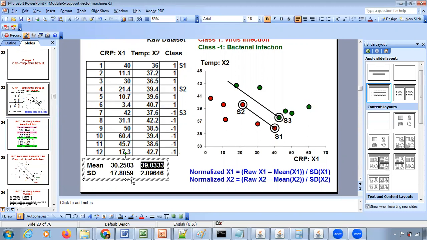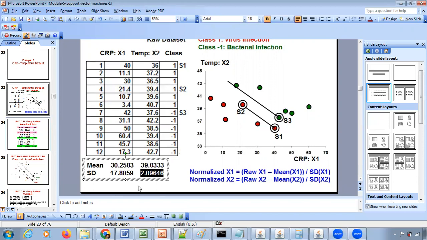There itself you can see a difference between the units, as well as the standard deviation, which is much different between the two. The CRP has a lot of variation in the records in the data set, whereas temperature has relatively very little variation among the records.